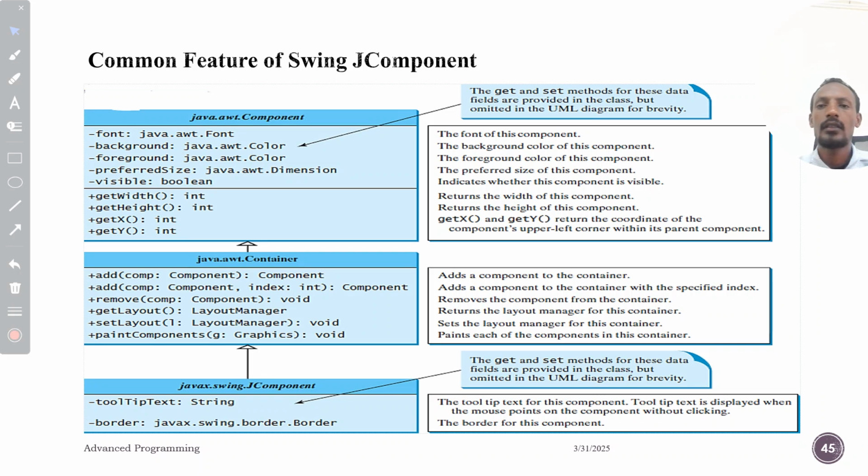The other case is the common features used in J components, either in components. These are the common features used in both AWT and Swing. These common features are methods and attributes that can be used.